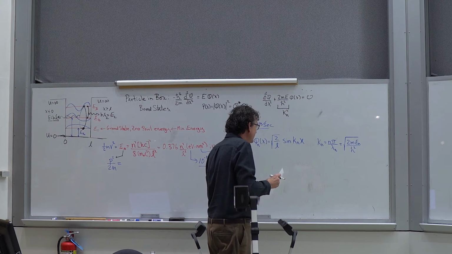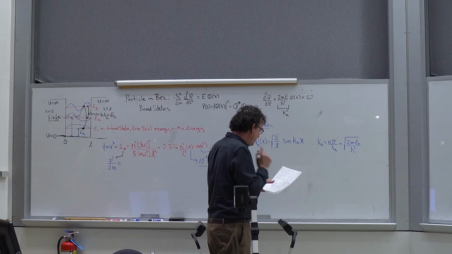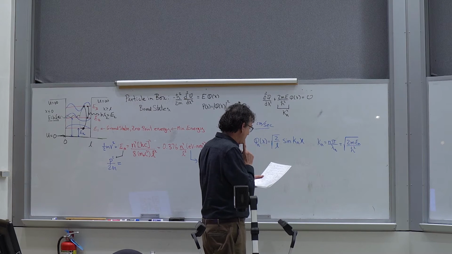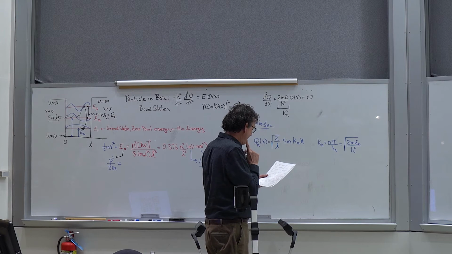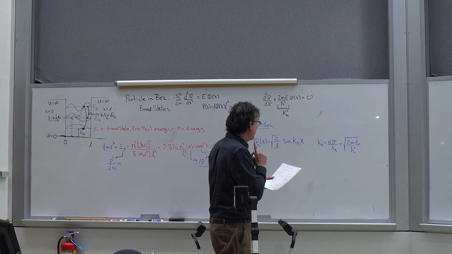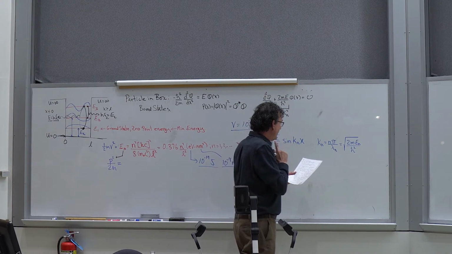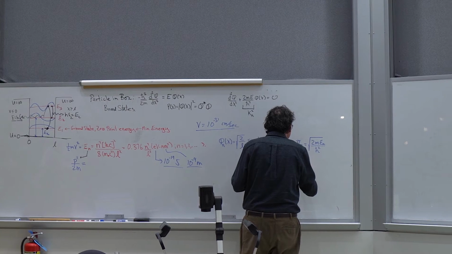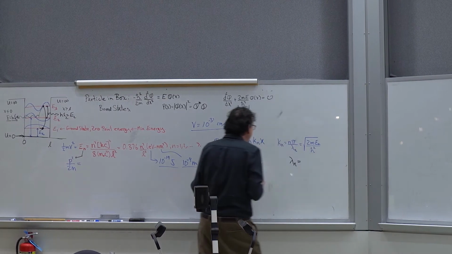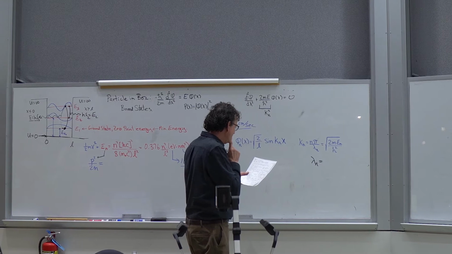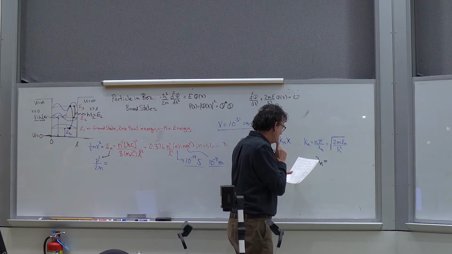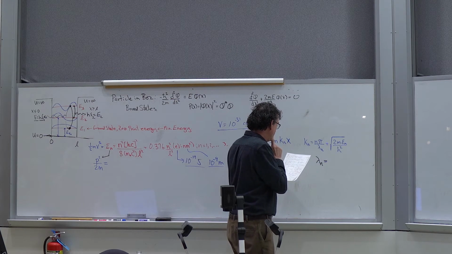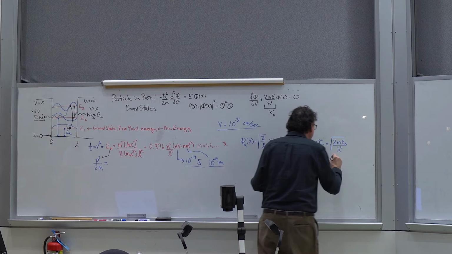I think there was one more equation I probably left out here. The allowed values of lambda_n, which is the wavelength of the particle in the box, is given by 2L over n.